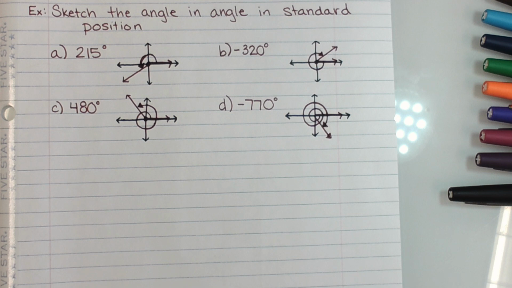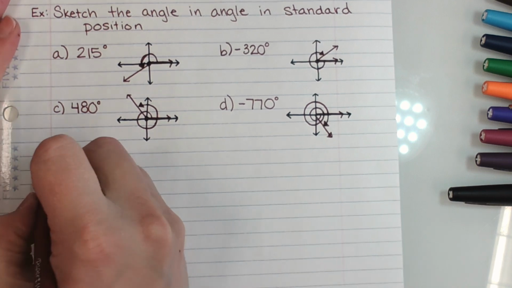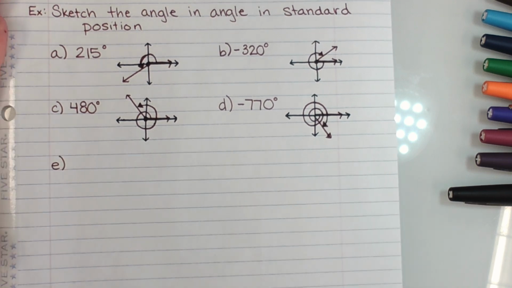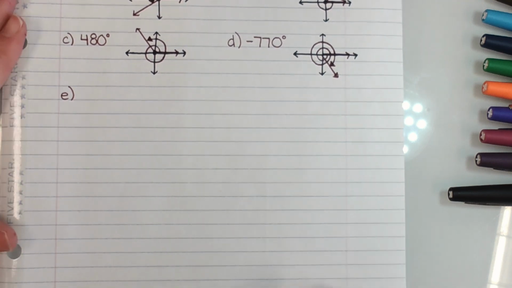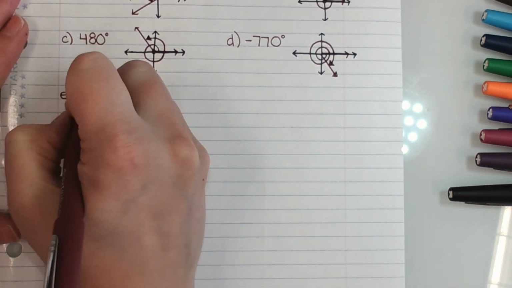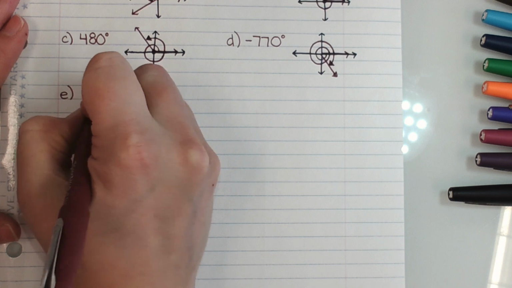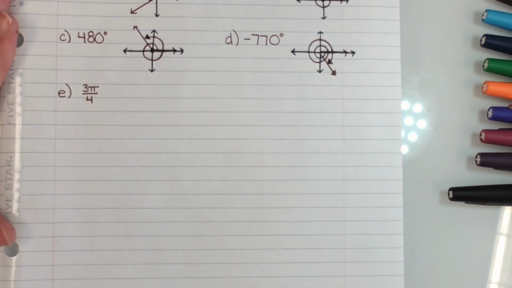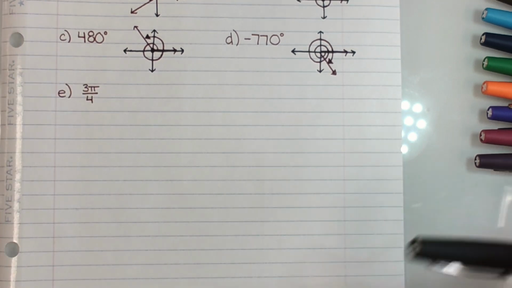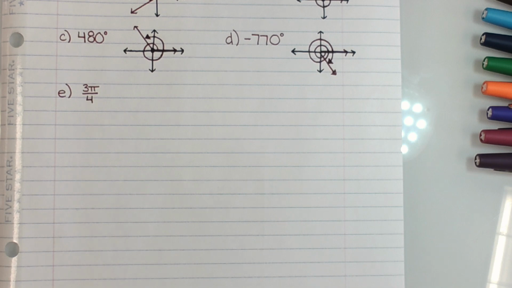How we feeling about sketching angles and degrees? Really all comes down to knowing full circles are 360, quarter of circles are 90. The same idea works when you're working in radians, but it trips people up a little bit more. 1, because it's fractions. 2, because of the pi that's in there.